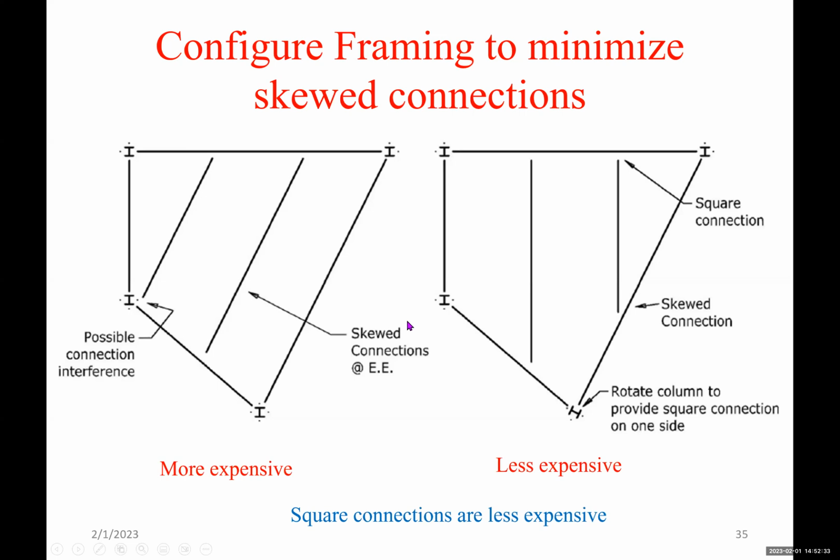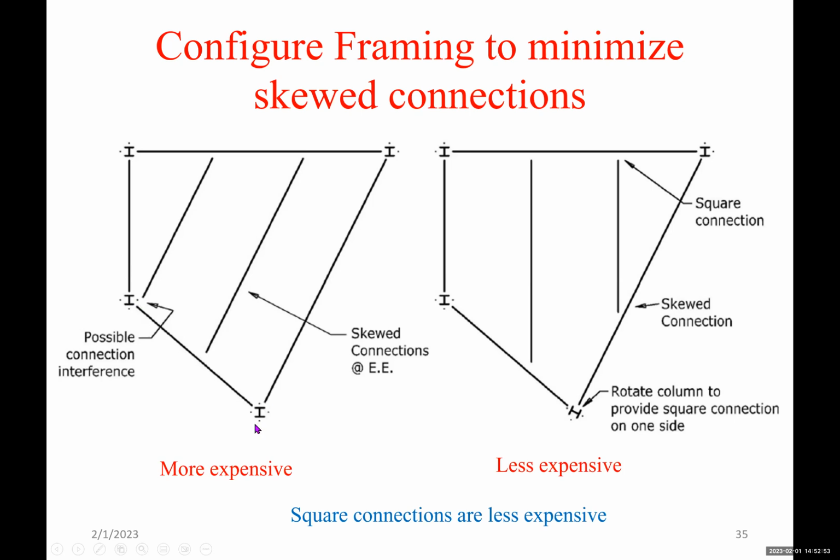Yes, we can see that here, for example, on the left, see the members. Here we have these columns. At the top, they have this girder with a square connection between them. This column at the bottom will have a square connection with the beam coming from the top. Then we'll have a skewed connection here.